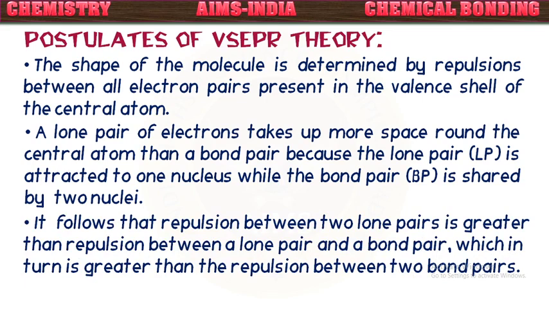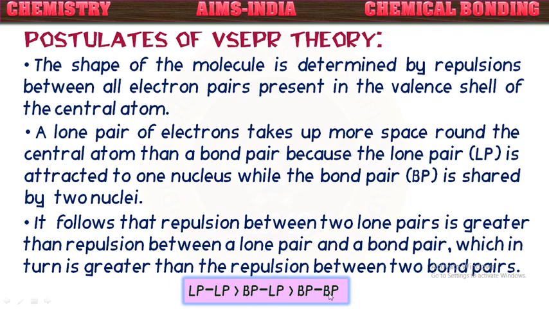It follows that repulsion between two lone pairs is greater than repulsion between a lone pair and a bond pair, which in turn is greater than the repulsion between two bond pairs.